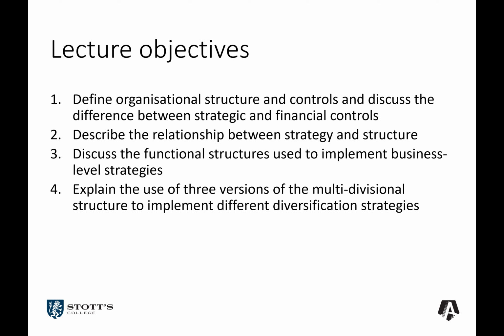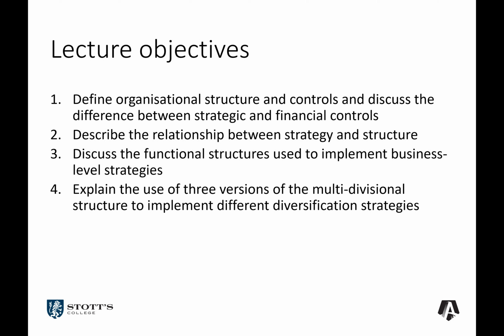We're going to describe the relationship between strategy and structure. We are going to discuss the functional structures used to implement business level strategies and explain the use of three types of the multi-divisional structure to implement different diversification strategies.